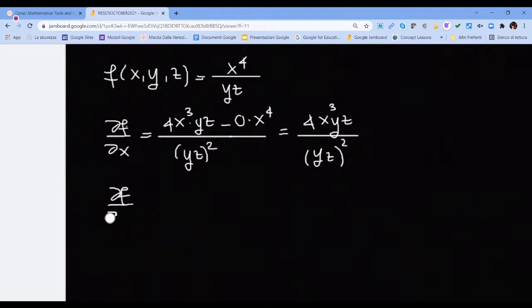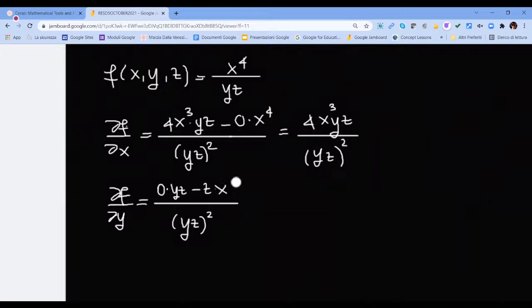Then we derive with respect to y. So, as before, we will have the square of the denominator. And then we derive everything with respect to y; the derivative of the numerator is 0, so I write 0 times yz, minus the derivative of the denominator, and this time the derivative of the denominator is 1 times z, times the numerator, everything over the fraction as it is.